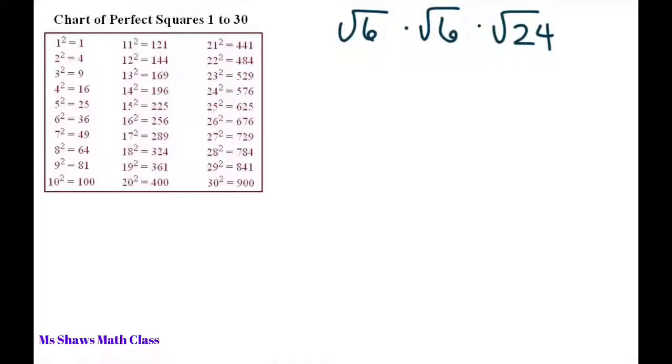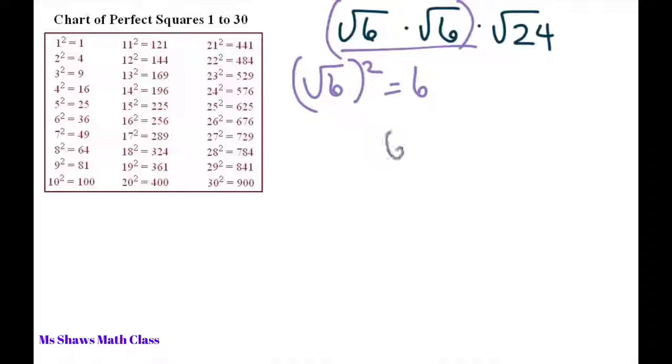And the last one, if we just take this, square root of 6 times the square root of 6, that's like square root of 6 squared, which is just 6. So basically what we have is 6 square root of 24. Now we can break 24 up with our perfect square of 4.